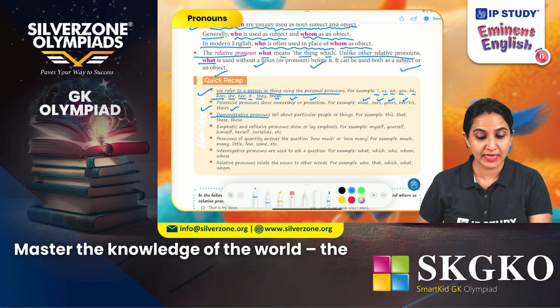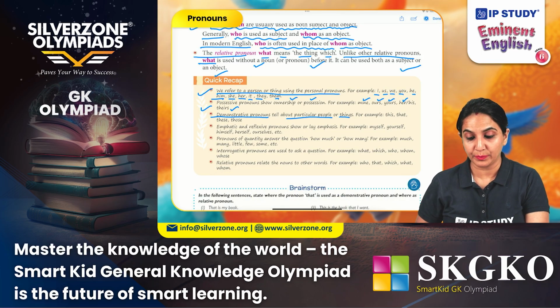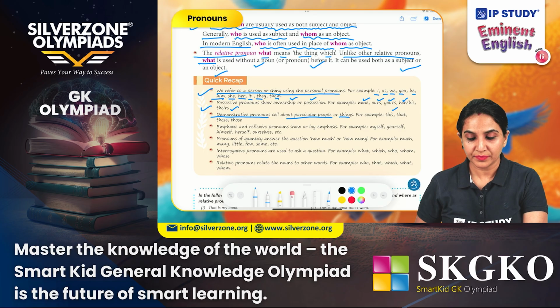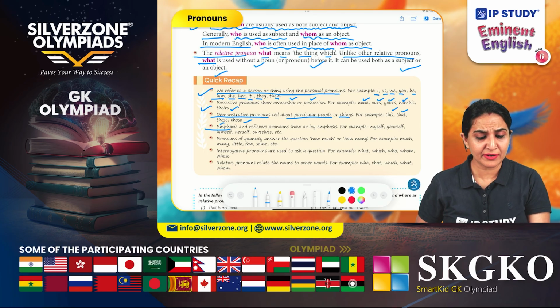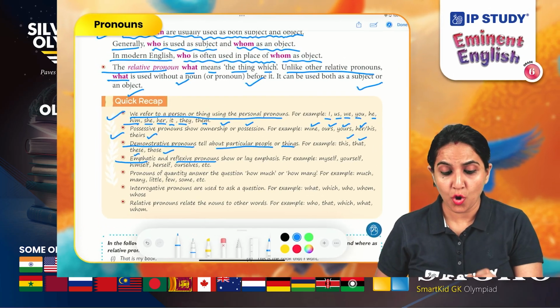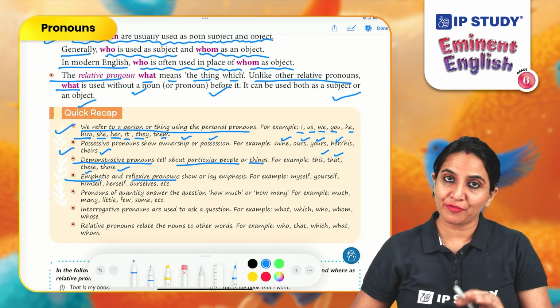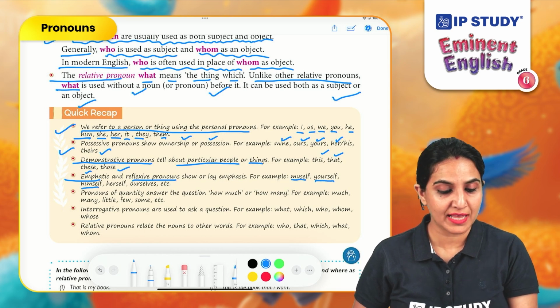Demonstrative pronouns tell about particular people or things, for example, this, that, these, those. Emphatic and reflexive pronouns show emphasis, or they also reflect, like myself, yourself, himself, herself, and ourselves.